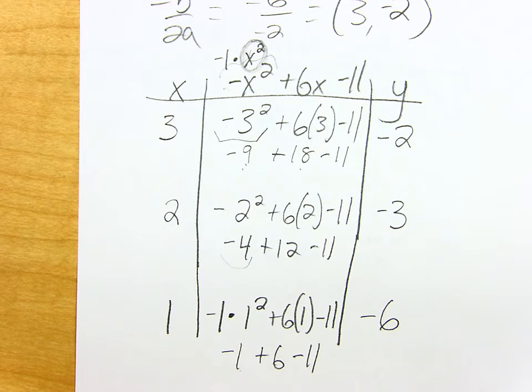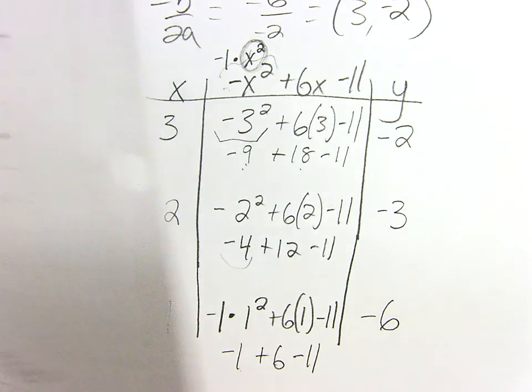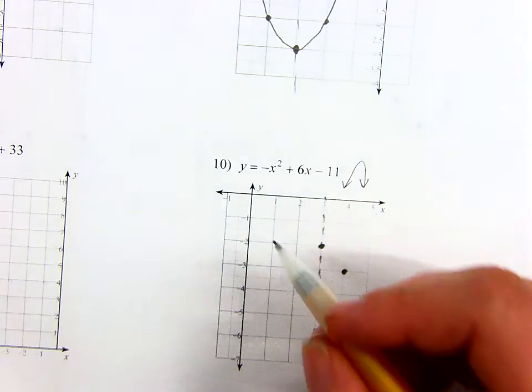So do your math and see if you get out what I got out. Did you? So 1, negative 6.